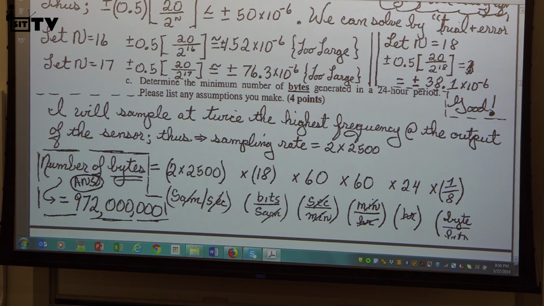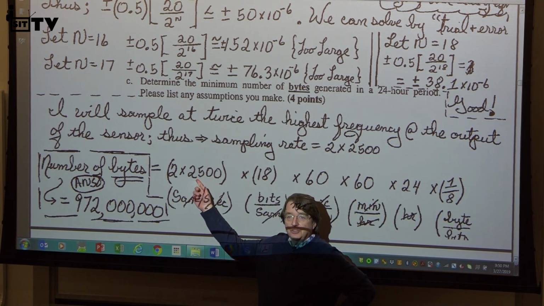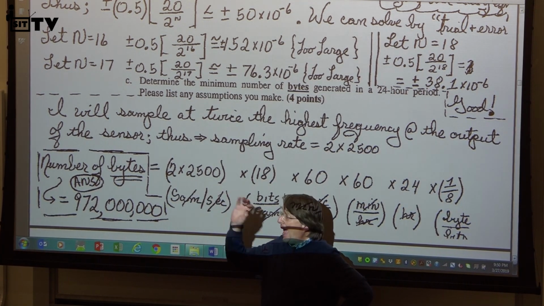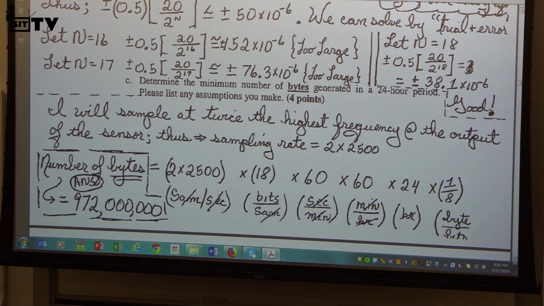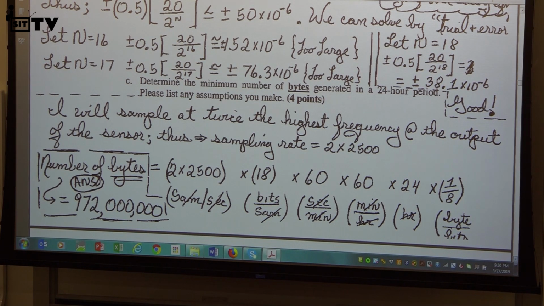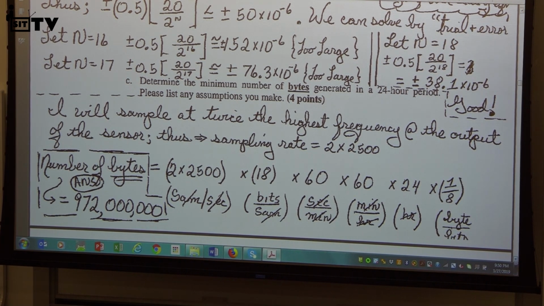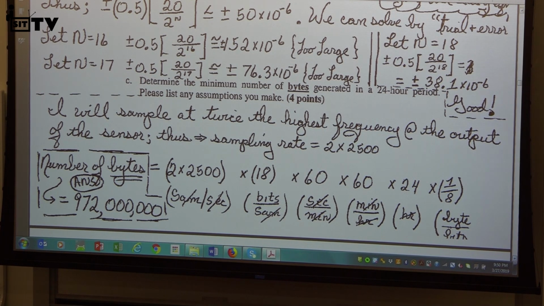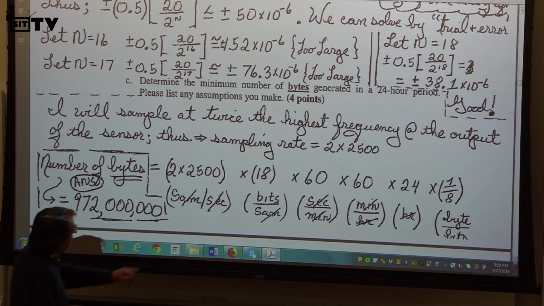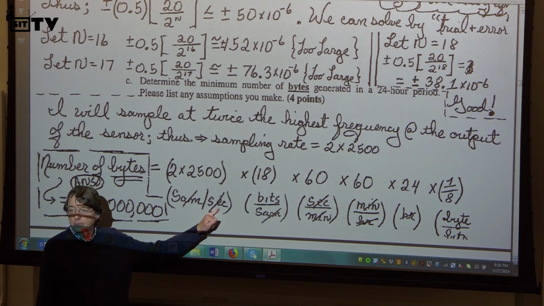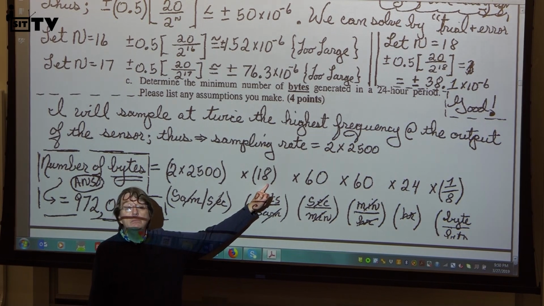The sensor has an output of 2,500 hertz. At the very minimum, I got to sample twice that. Now, you might say, that's not good enough. I'm going to sample at 2.5 times. That's why I said state all assumptions. But the absolute minimum is 2. Now, what does that give me? Samples per second. Good.